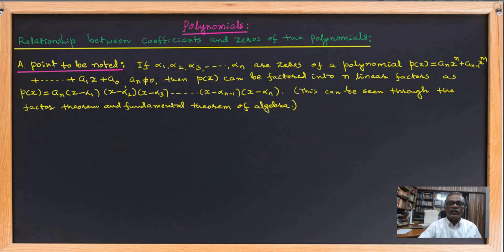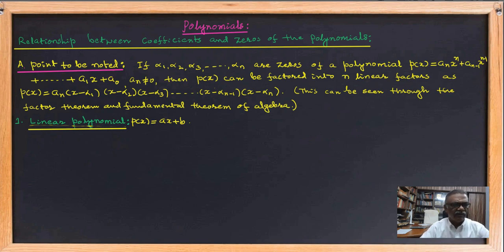Now first I am going to consider a linear polynomial. The general form of the linear polynomial is p(x) equal to ax plus b.